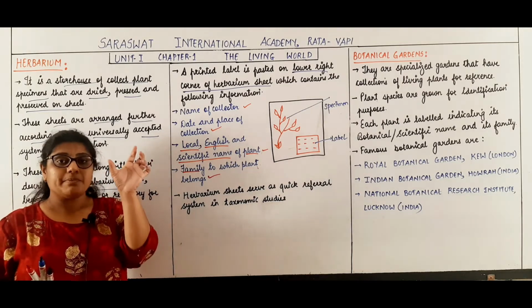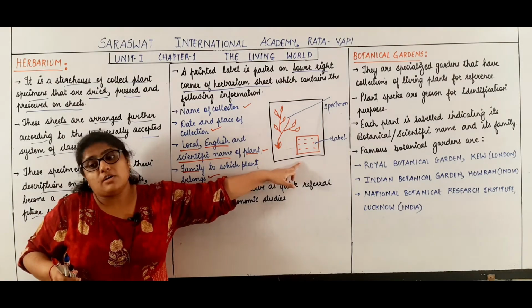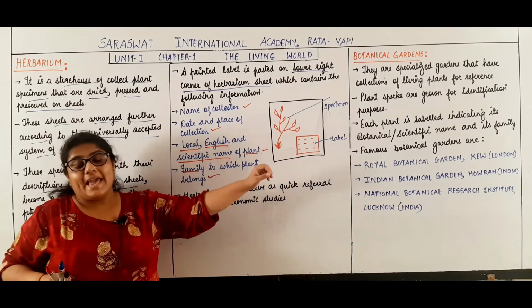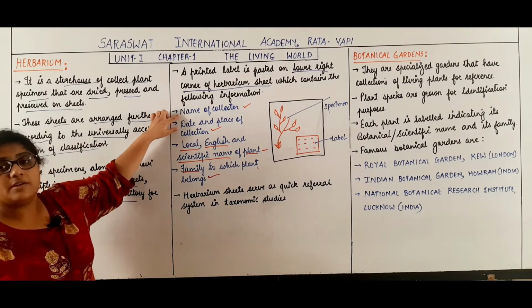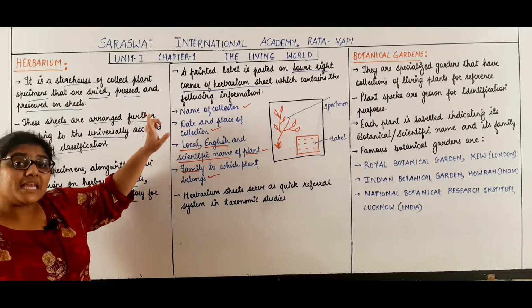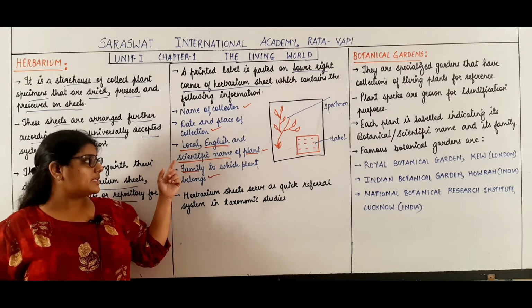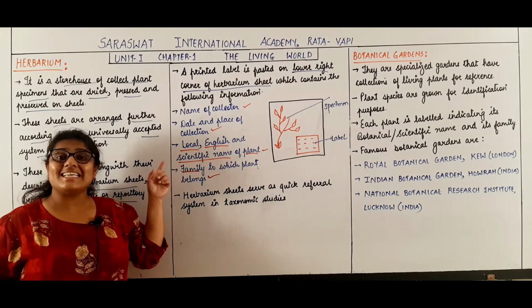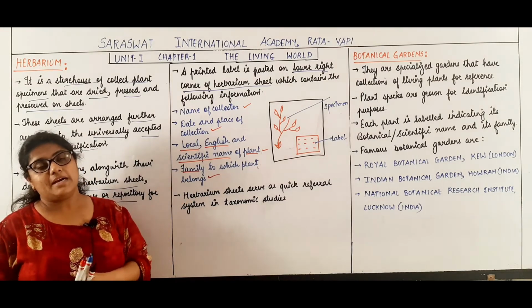So, there is a printed label pasted on the lower right corner of the herbarium sheet, and this label consists of the following information: name of the collector, date and place of collection of that particular plant, local or common, English and scientific name of the plant, and the family to which the plant belongs.